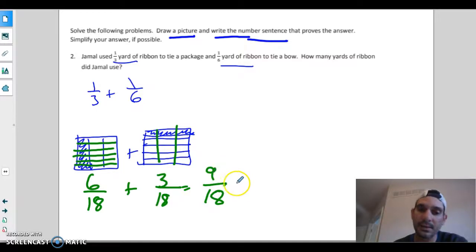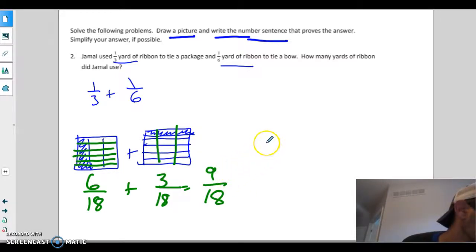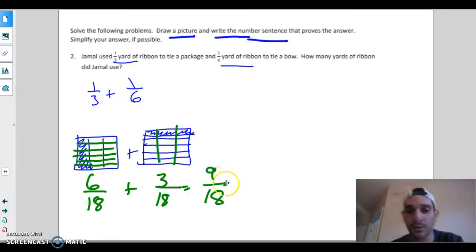Okay. Now, how do they do this reducing here? Okay. Now 9/18 can be reduced. How do I know that? Well, because they both share a factor. They have a common factor.